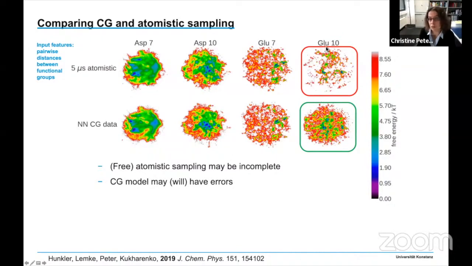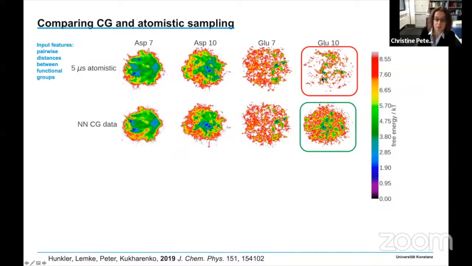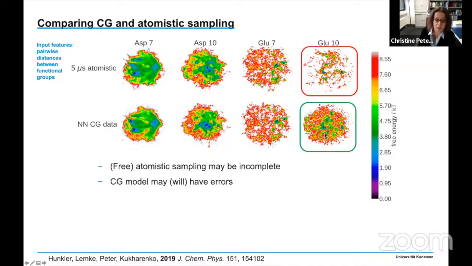If you know oligomers of glutamic acid, you will know that this forms helices and other secondary structures, and maybe the transitions are simply too slow. Or is the coarse-grained model bad, in the sense that it doesn't correctly reproduce what the atomistic simulation does? That is perfectly possible, because the neural network-based coarse-grained model has been designed for shorter peptides and is then truly predictive for the decamer.